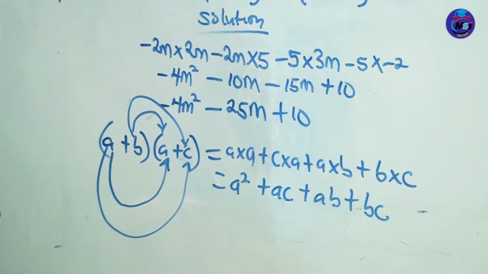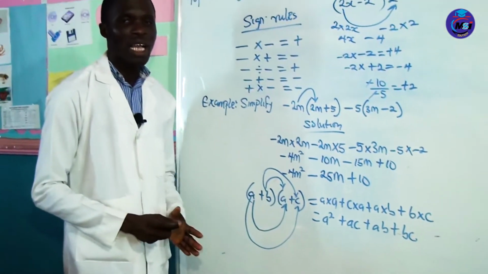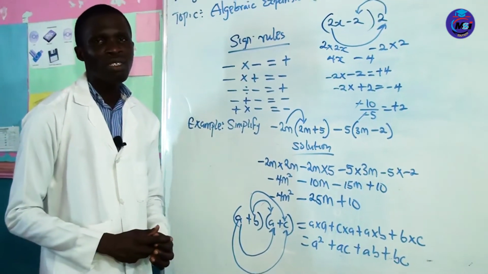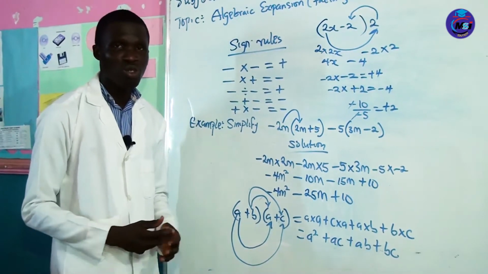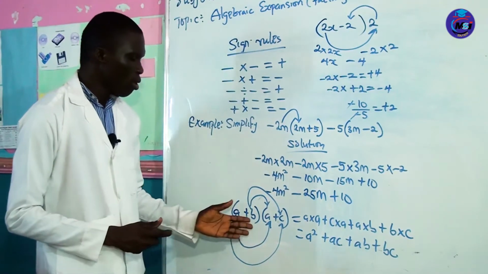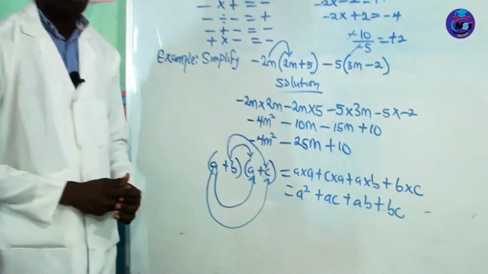So if you really understand how to apply this, you can apply this method in opening any equation given to you in the bracket. Now let me give you an example where we can apply this method.